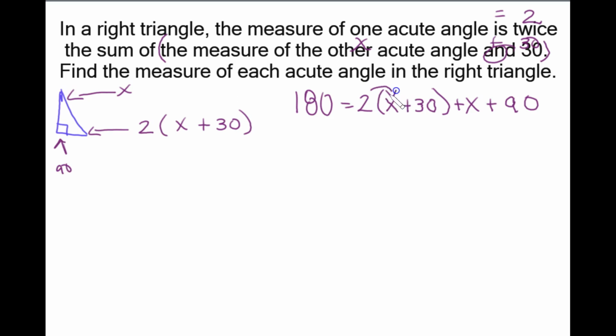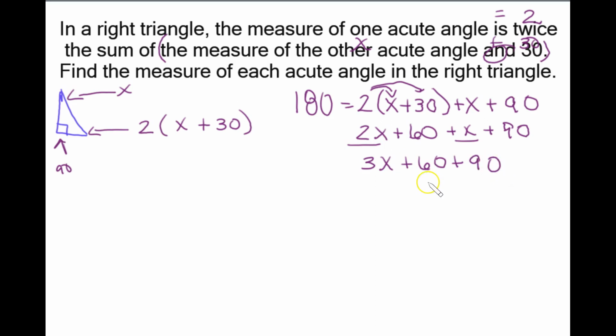So we're back to just a regular equation. We're going to start with distribution. 2x plus 60 plus x plus 90. All right, now I can combine like terms. I'm going to start by combining both of my variable terms, and I get 3x plus 60 plus 90. And now I can combine my constants, and I get 3x plus 150.